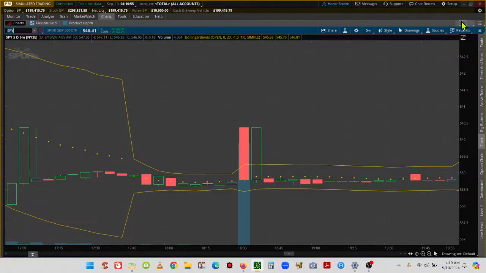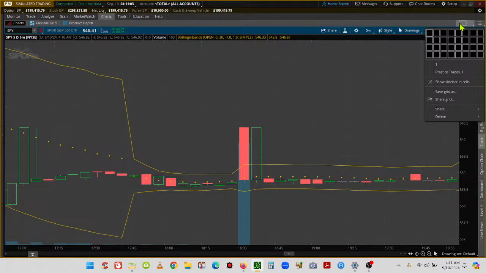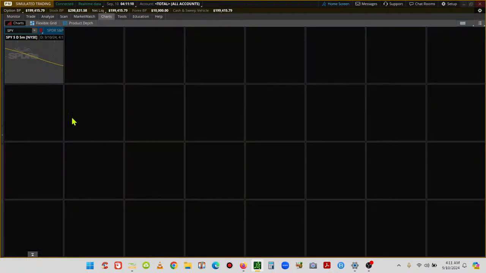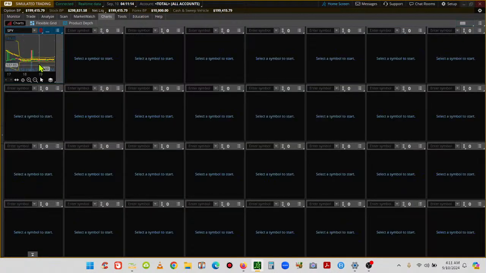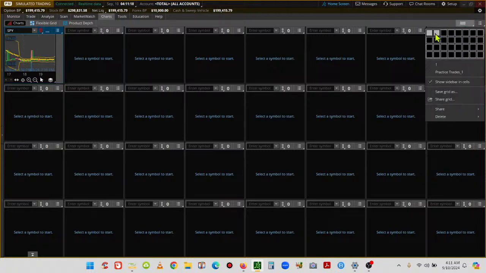So over here to the right, top right, you have an option to make more charts. So you could have like a ton of charts, okay? And that's the one we opened up for just the SPY. But we really don't want to trade that way because it's too confusing.